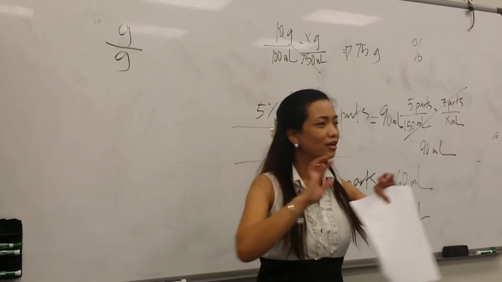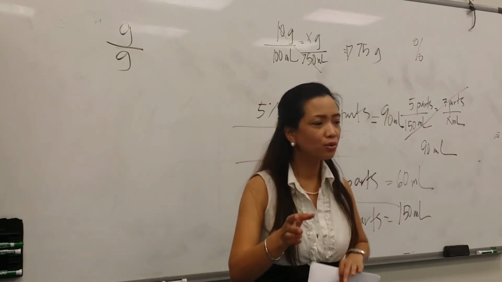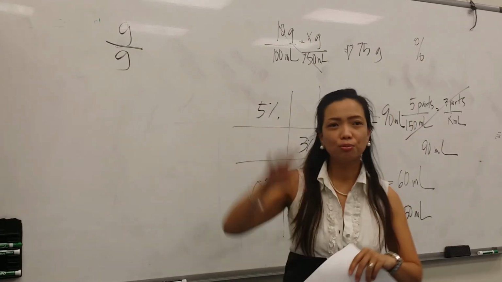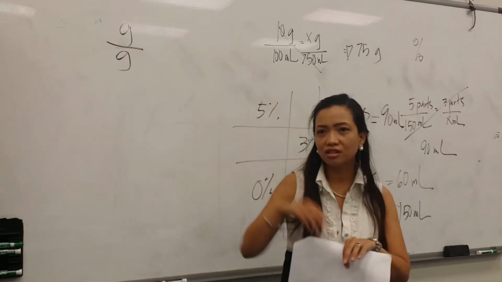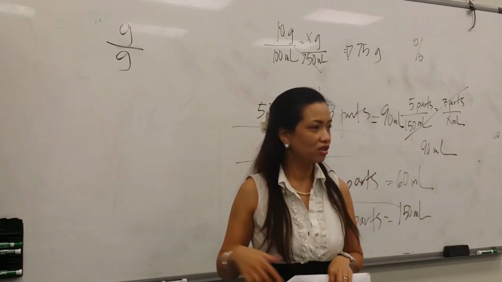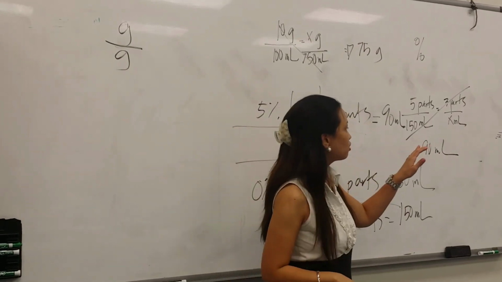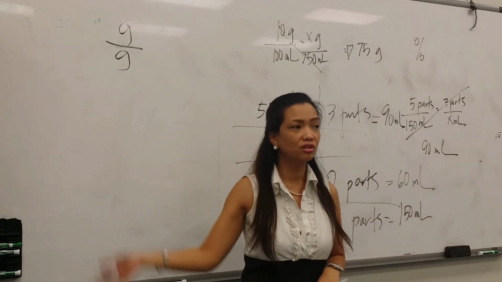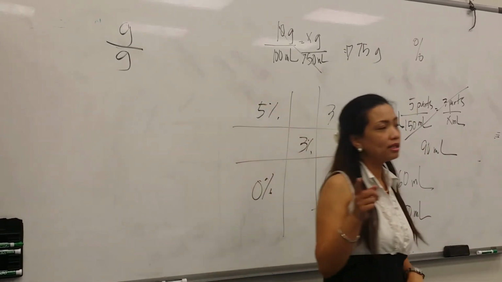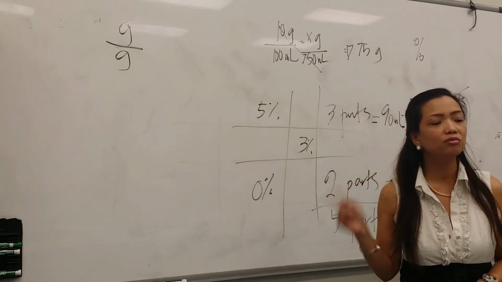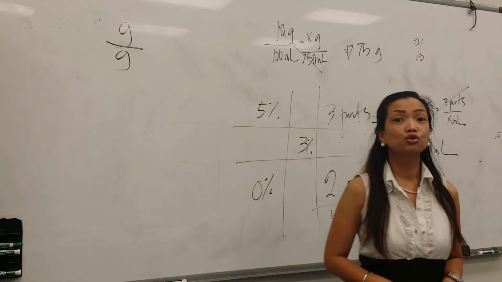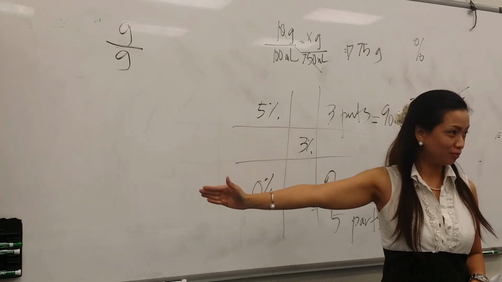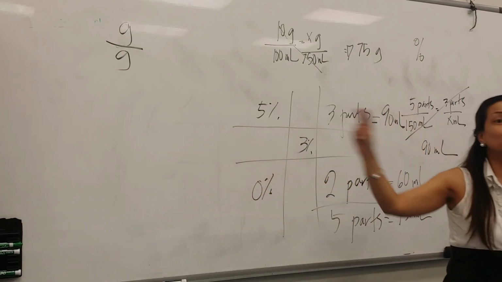Doesn't matter what questions are thrown at you, as long as you know how to plug them in and you understand which is which. Does the 150 correspond to the 3%, or does it correspond to the initial concentration? Okay, here's my tip. On C1V1 equals C2V2 for dilution, the amount to make is your total volume, which means your V2.